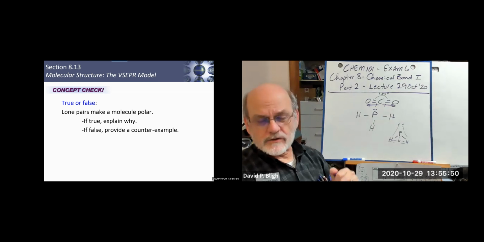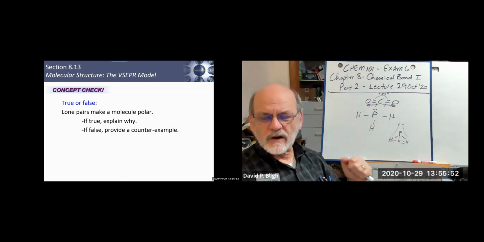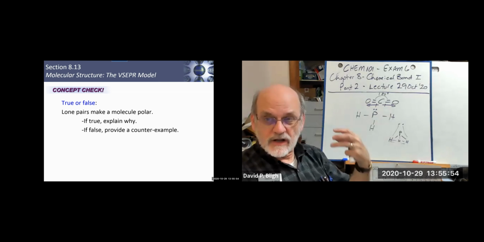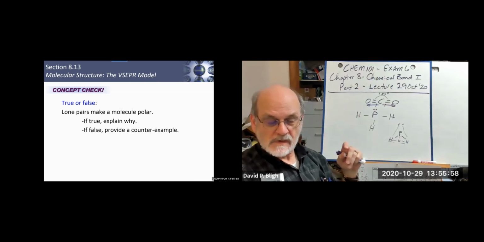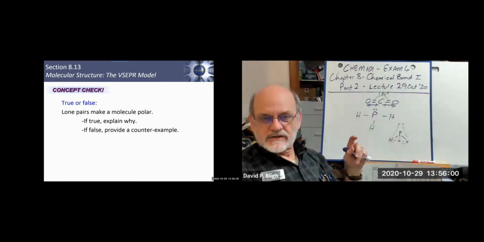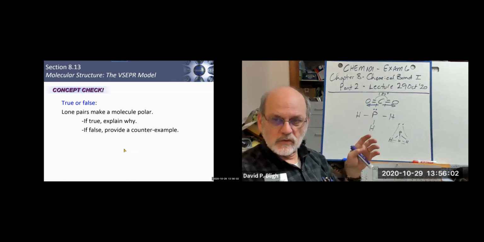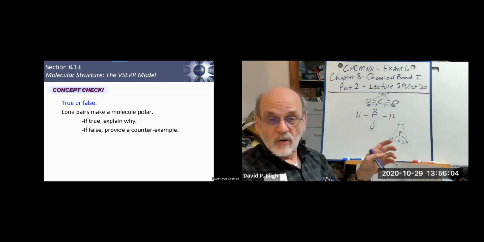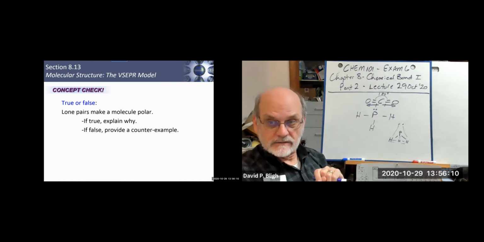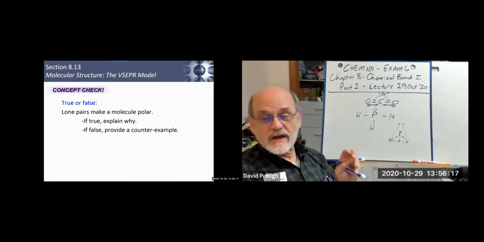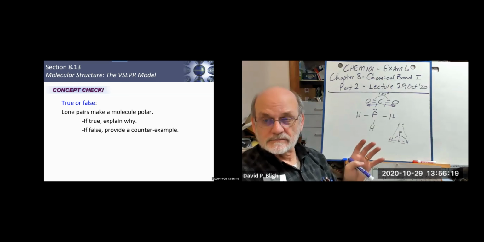Now, lone pairs. If we have lone pair electrons, that tends to put a very large negative charge on one side of the molecule, doesn't it? So the question is, if you have lone pairs in a molecule, does that automatically make it polar? If you only have one lone pair, probably does. But if you have 2 lone pairs, not necessarily, because they try to get as far away from each other as possible.